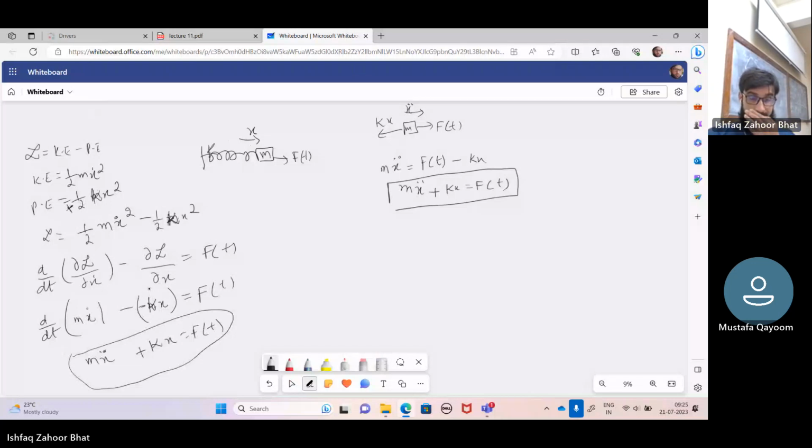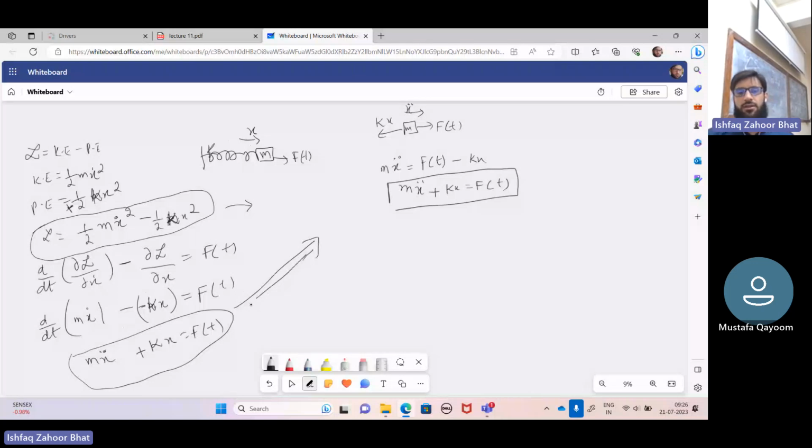Take the derivative of this thing with respect to x, what will it be? Yes, here it is minus. So that is minus kx, and there is a minus by itself in the formula. So we get the same equation of motion as we got using the Newtonian approach.